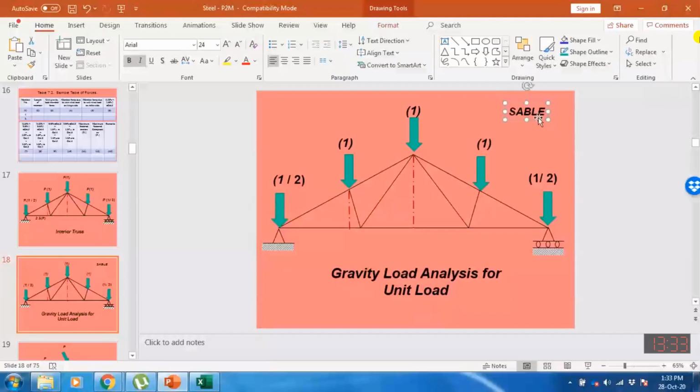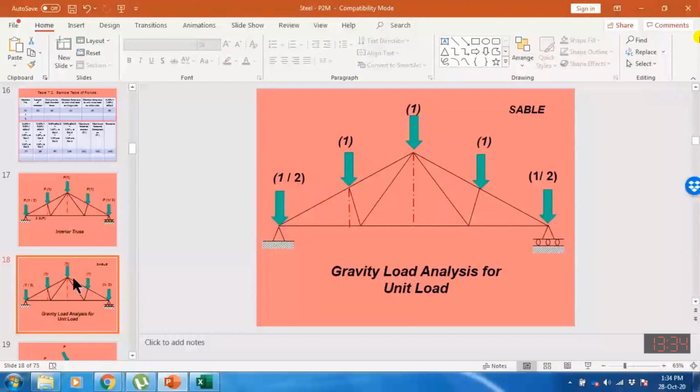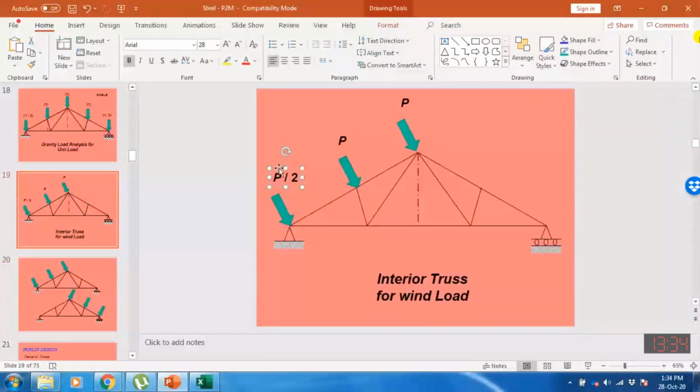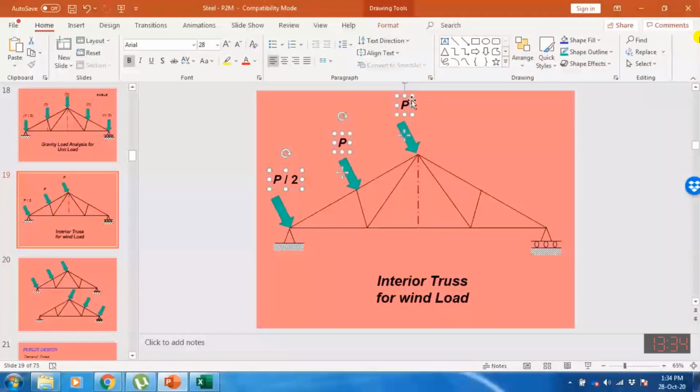So you can construct a truss and provide one load on the interior panel points and half load at the exterior joints. In the same way, you need to carry out two wind load analyses, one for the right side of the truss and the other for the left side.